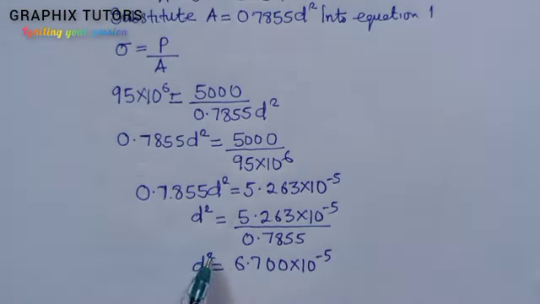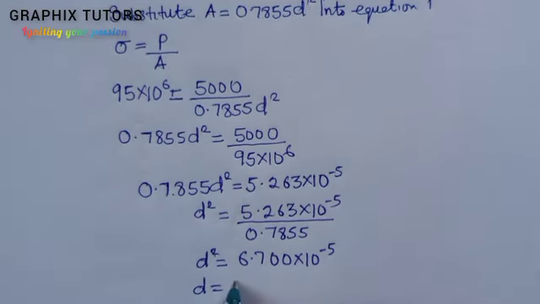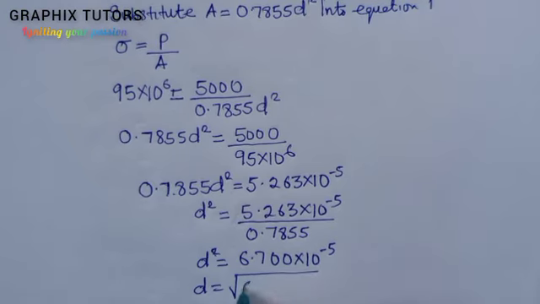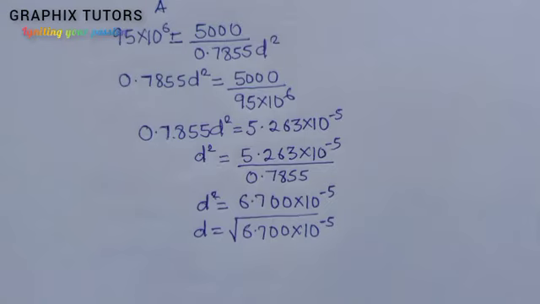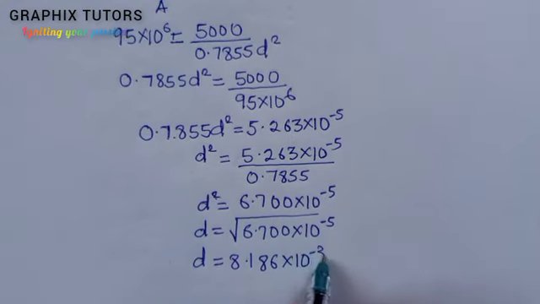Now, if this square comes to the other side, it becomes square root. So D will give us the square root of 6.700 times 10 to the power minus 5. In doing that, we are going to be having 8.185 or 8.186. So the diameter D will give us 8.186 times 10 to the power minus 3.